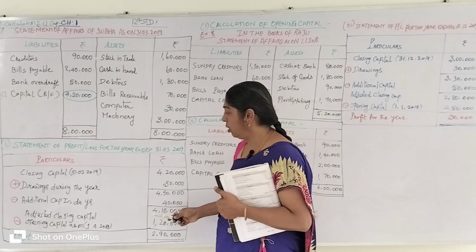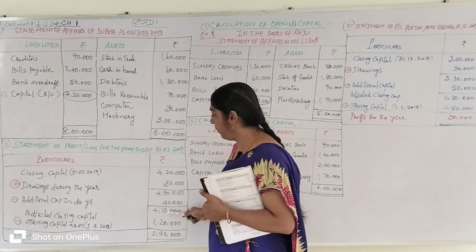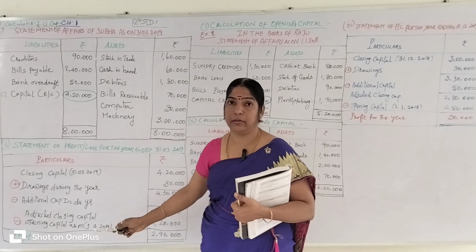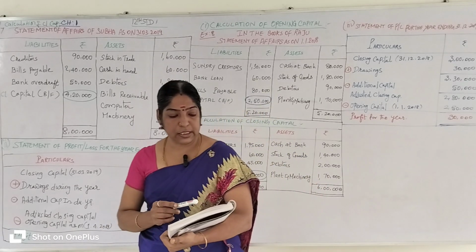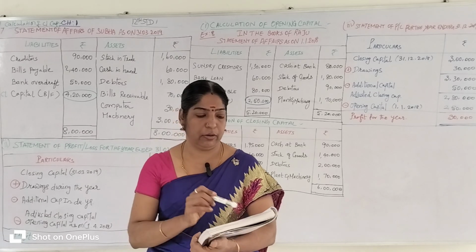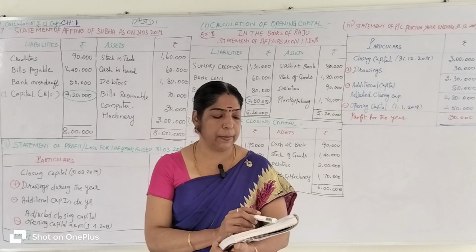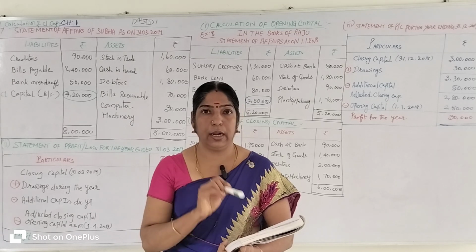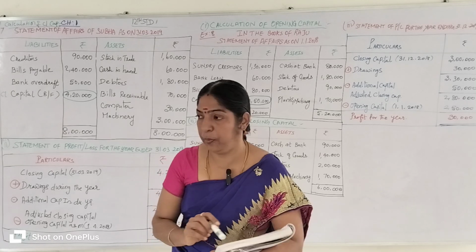From that adjusted closing capital, you are going to subtract the opening capital. Where is the opening capital? From the beginning of the question, they have given the opening capital. On 1st April 2018, Subha started her business with a capital of 1,20,000 rupees. This is called opening capital.